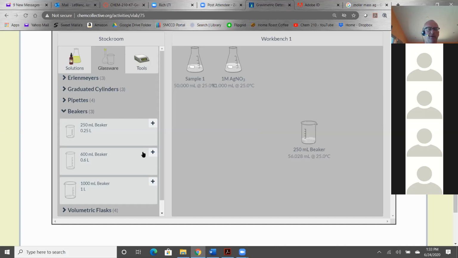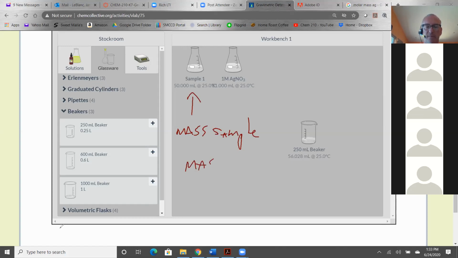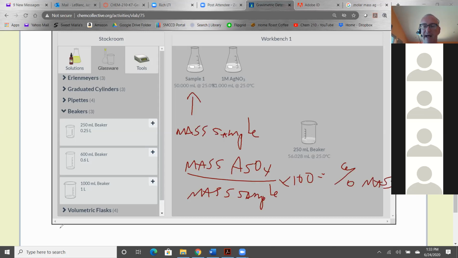In order to give a mass, you have to calculate, from your sample 1, what the mass of the sample is. Then you figure out what the mass of the arsenate is and divide it by the mass of the sample, and multiply that by 100. That gives the mass percent, or percent mass, of arsenate.